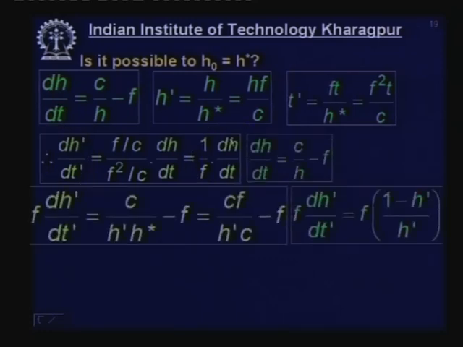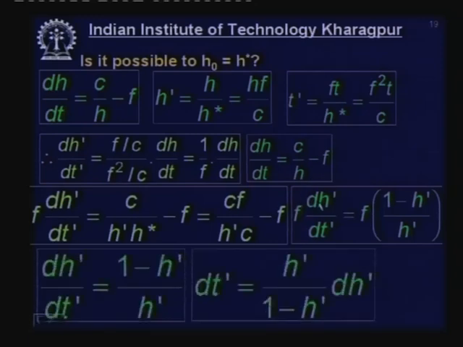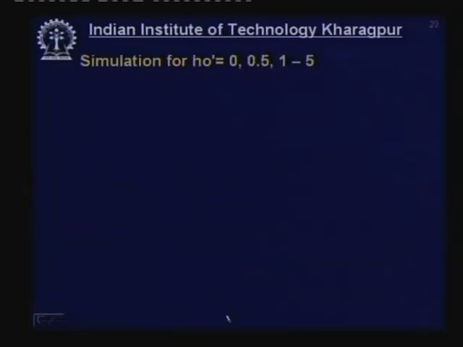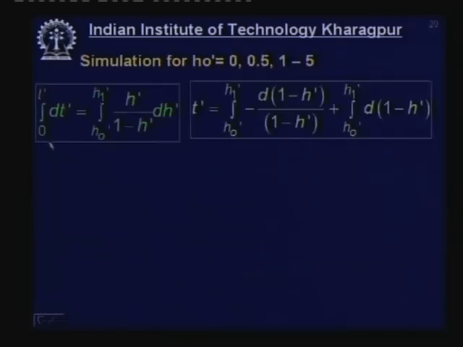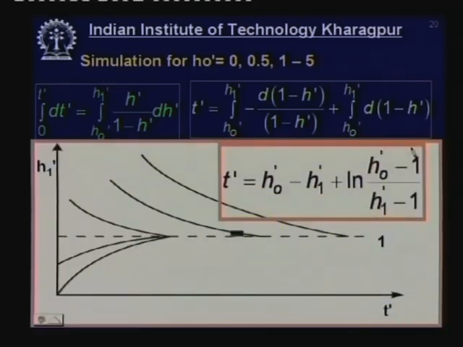Finally, we want to see how H prime is going to change, and we get that by integrating this equation between t equal to 0 to t prime and H equal to H0 prime to H1 prime. If we integrate it, we get an expression like this, and this is the way the curve would change.